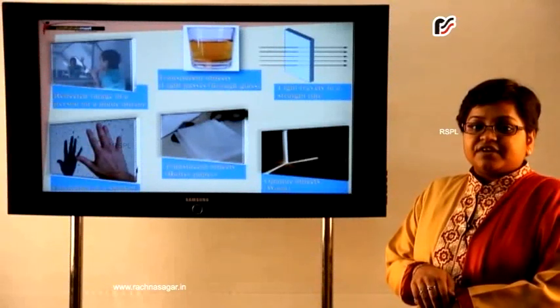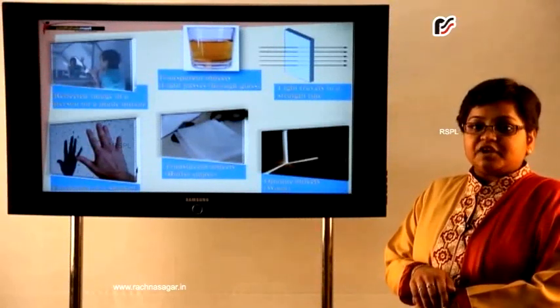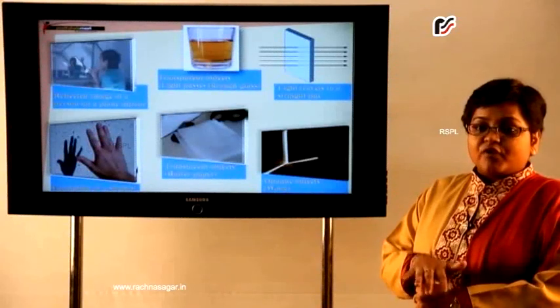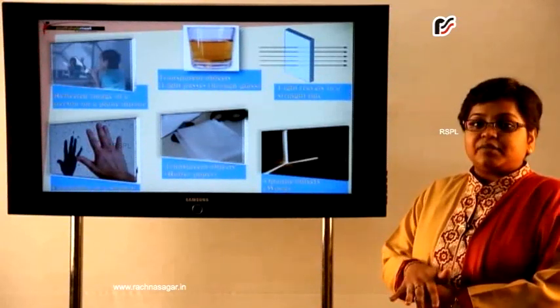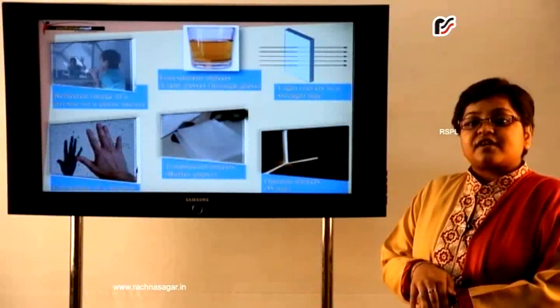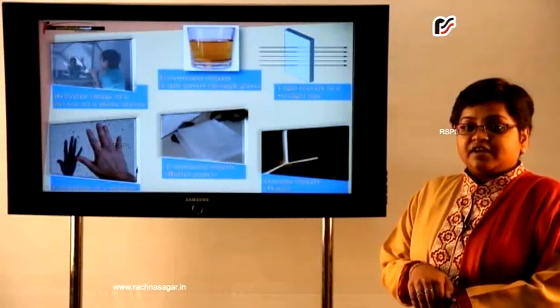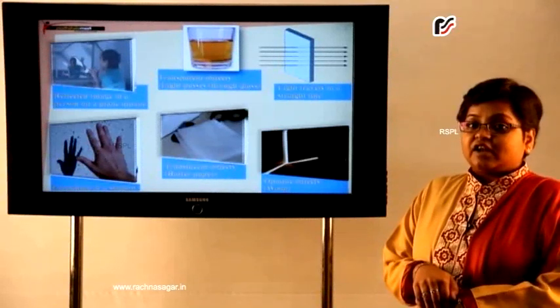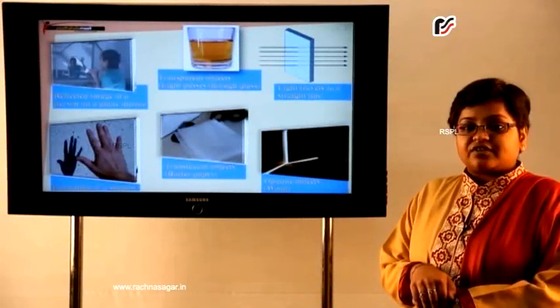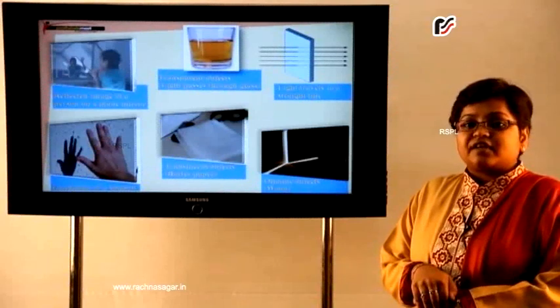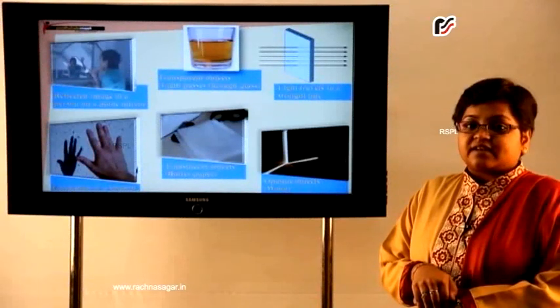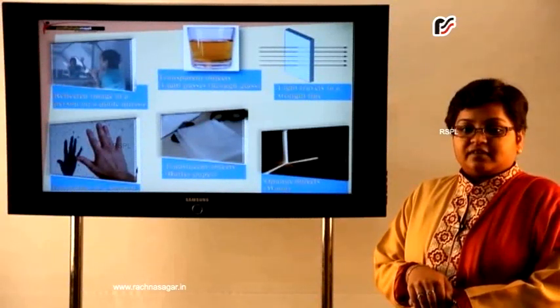Light suffers refraction as it passes from one transparent medium to another. These are the main characteristics of light which we study here, and the phenomena of reflection and refraction are based on these characteristics of light.